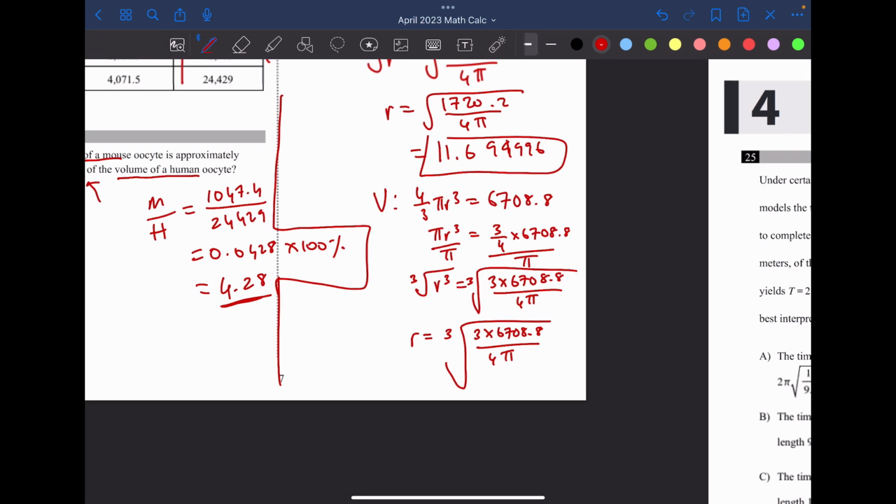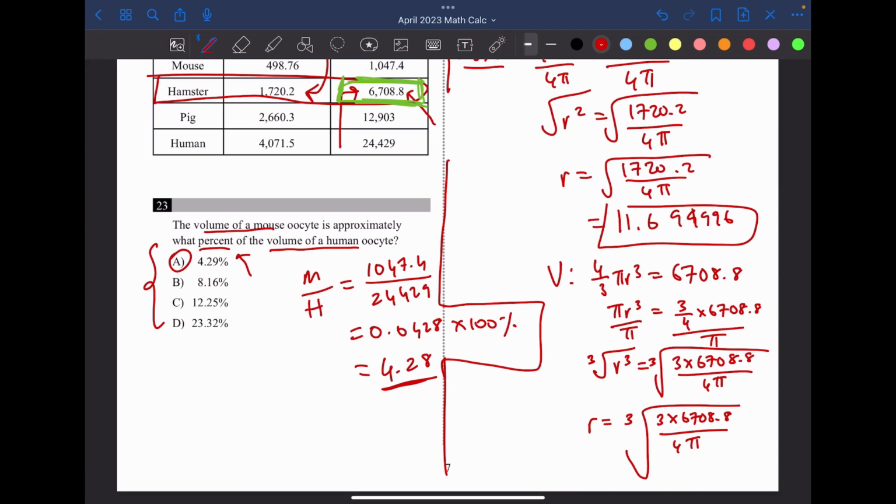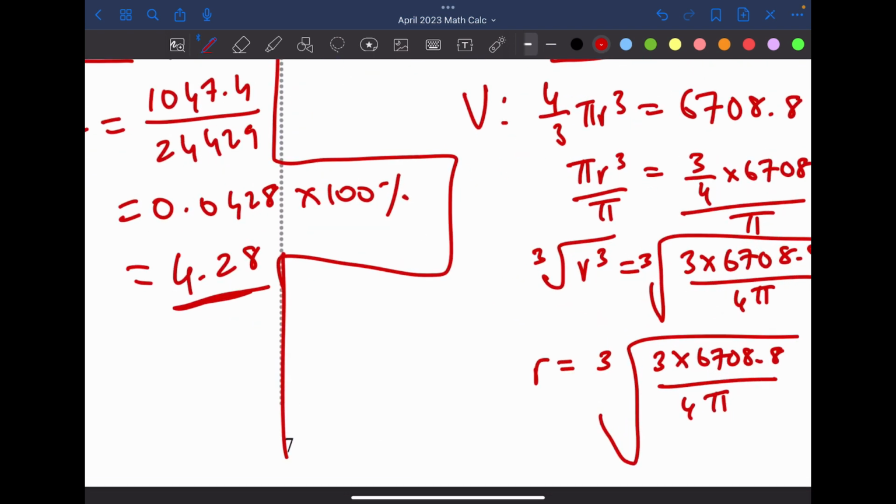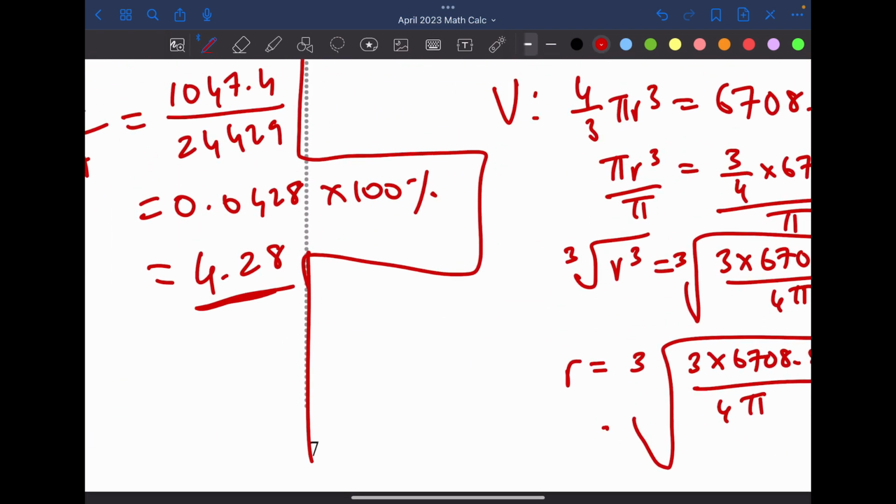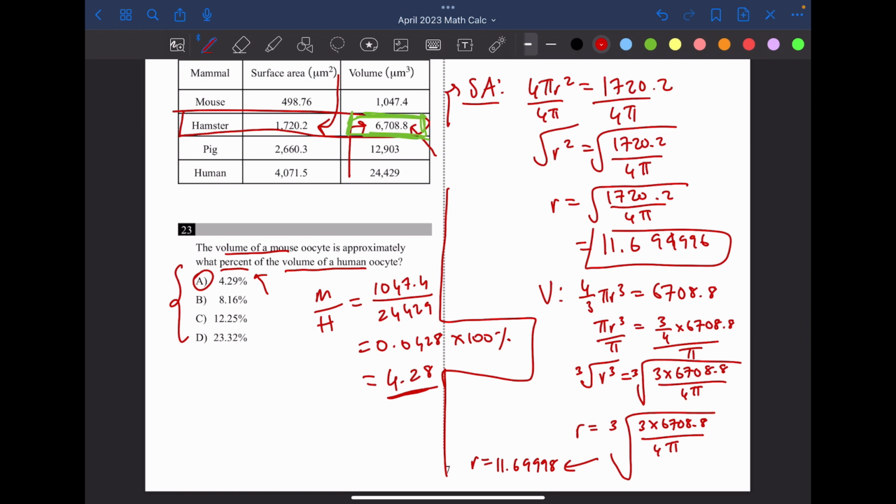Put this on a calculator. So cube root of the fraction, 3 times 6,708.8 and 4 pi on the bottom, and you would get pretty much the exact same answer. You get that r is equal to 11.69998.